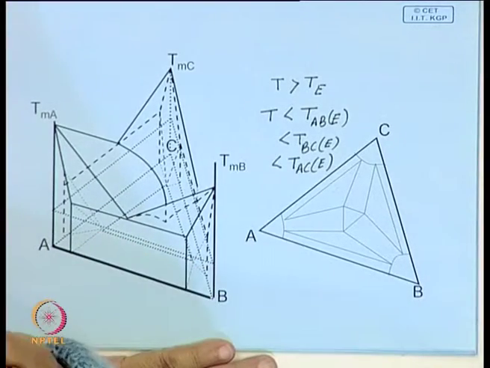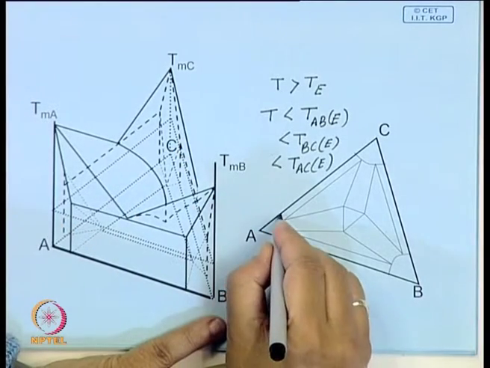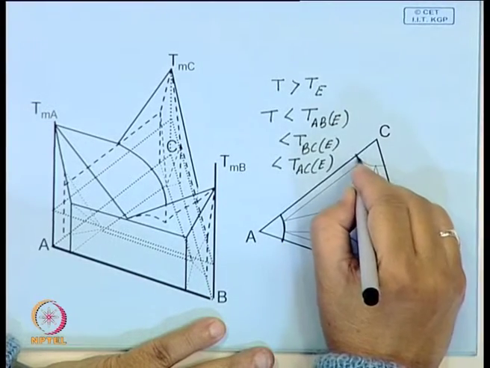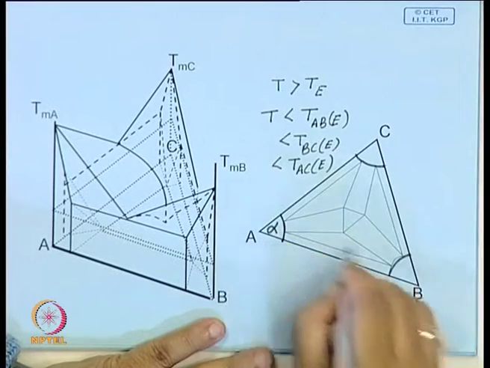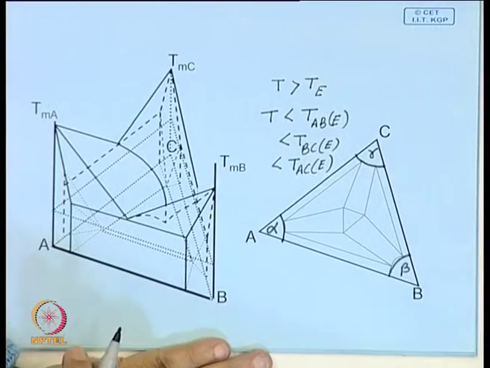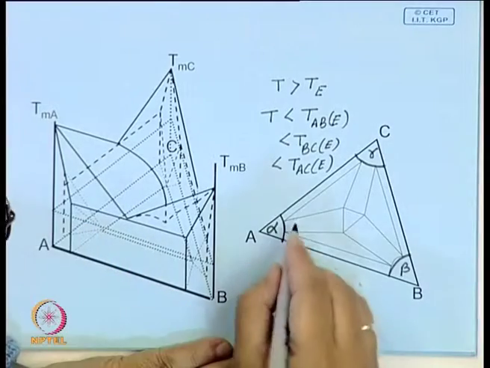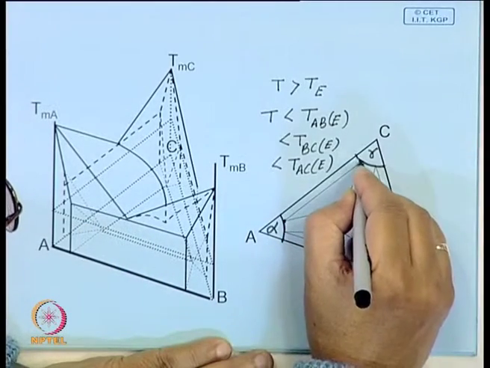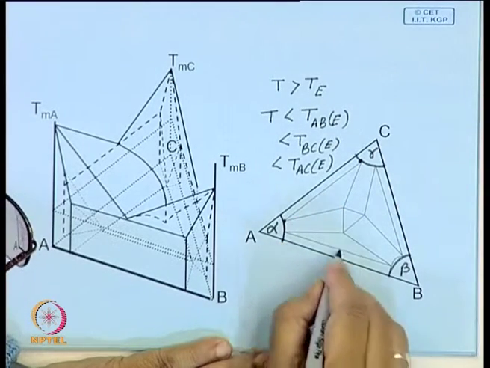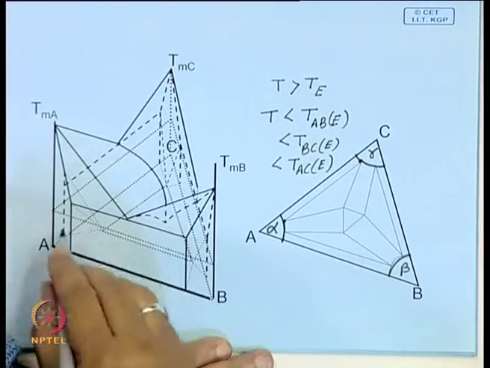Now, here it is very easy to visualize, because at each of these ends A, B, C, there will be a region where it will be single phase. So, this is alpha, this is beta, this is gamma. Similarly, there will be regions where only alpha and beta coexist.